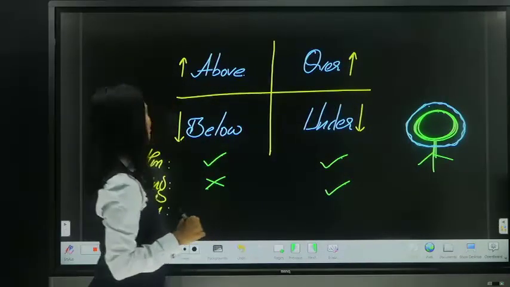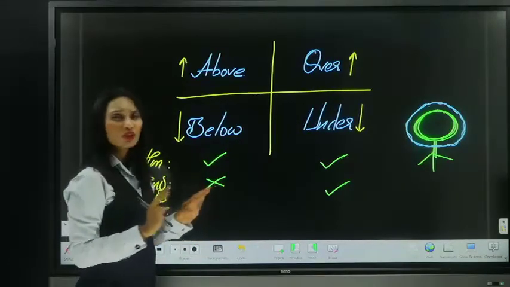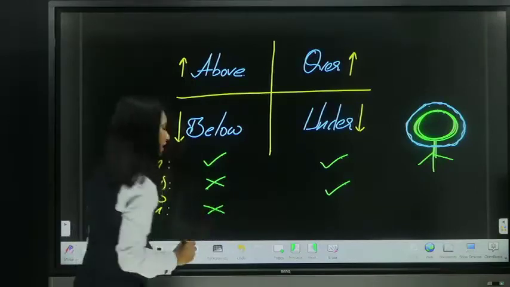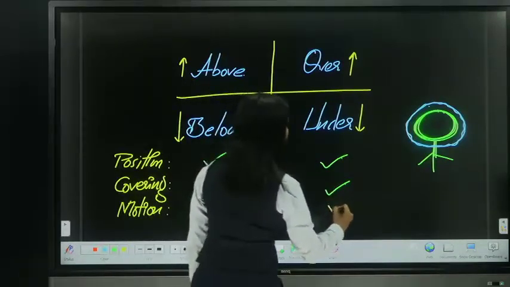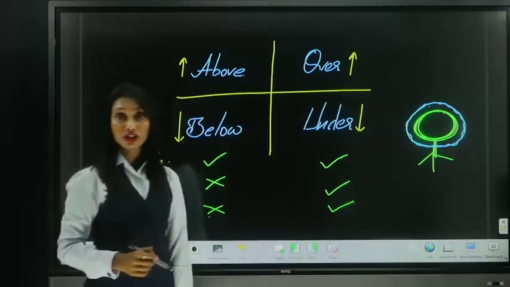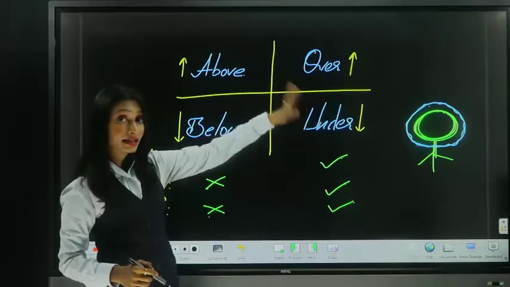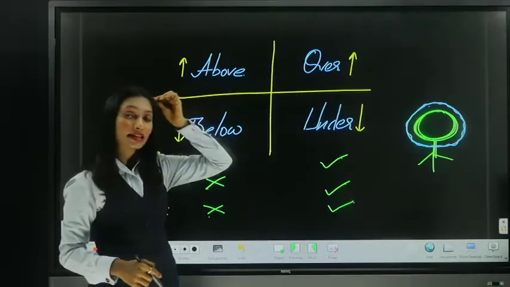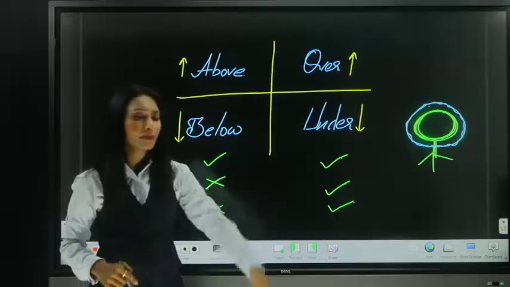Now, motion. Above and below do not indicate any motion or movement, whereas over and under denote motion. Look, the birds are flying over the lake. That means there is motion. The water is flowing under the bridge.